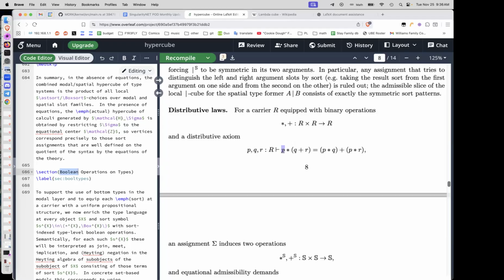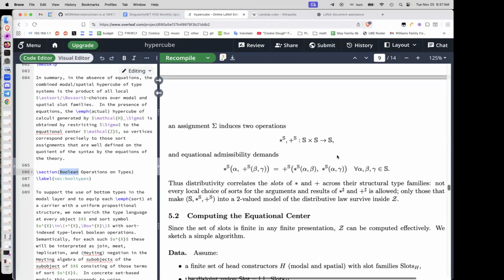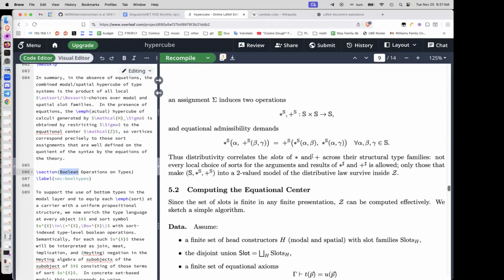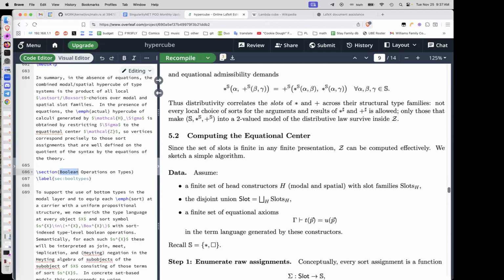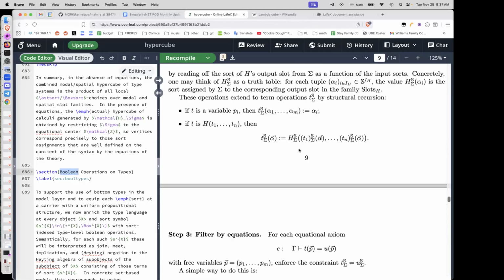Multiplication can have a different sort in the first position by just this left distribution law. So these two aren't forced to be equal yet by this law. If we also introduce the right multiplication distributivity, then it would force all of them to be the same. So the equational admissibility demands this, and we can go on, but that's not a critical idea.